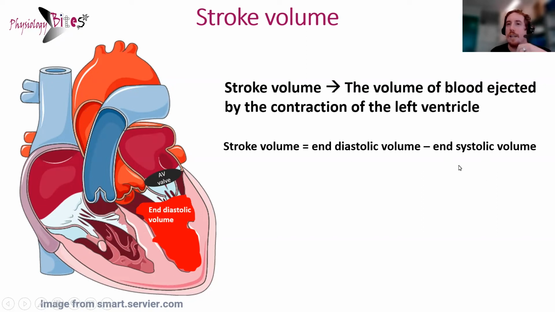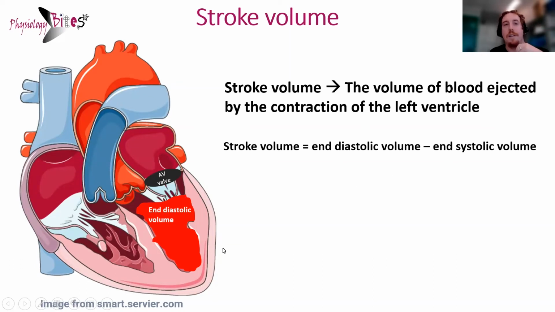Now, diastolic means the end of a relaxation phase of the heart. So when the heart's relaxed, diastolic meaning relaxation, at the end of relaxation, we have this ventricle filled with blood, okay? And this is the most blood which we'll have during the cardiac cycle.